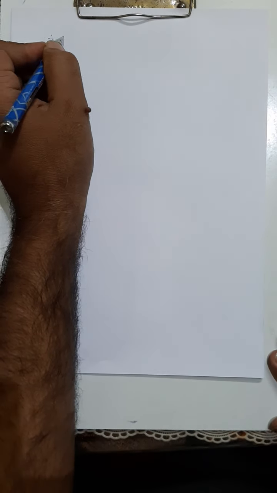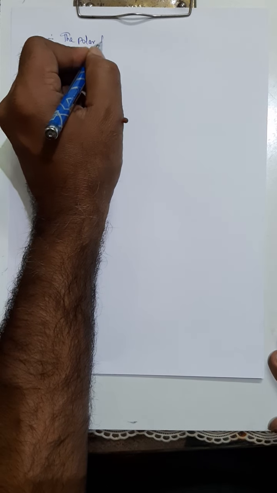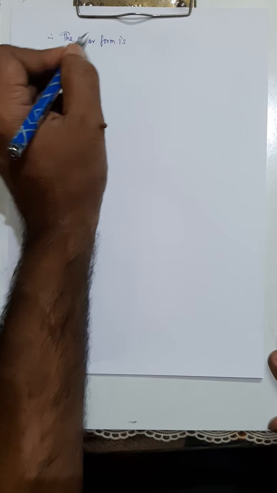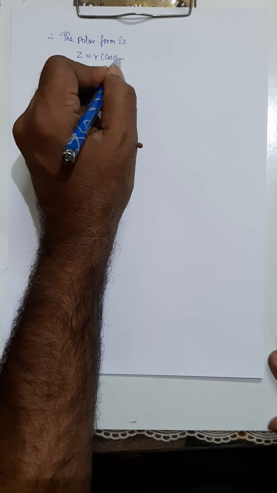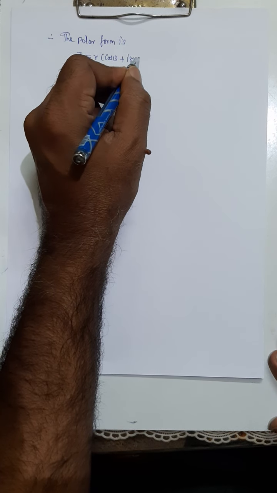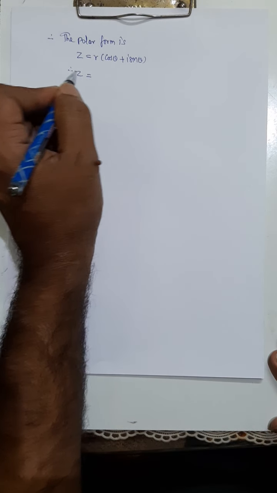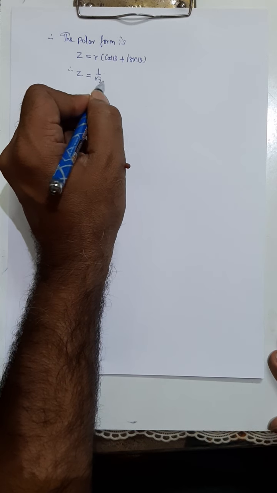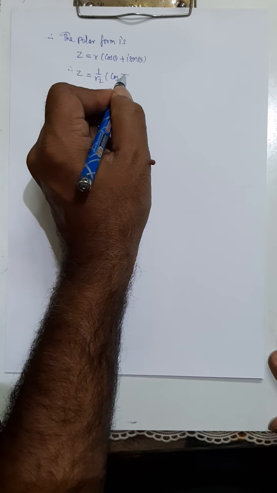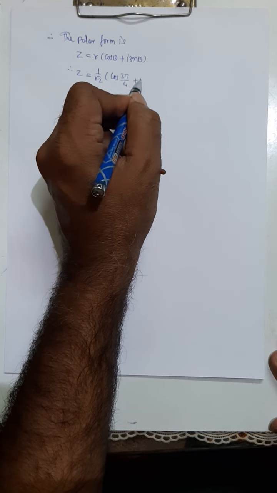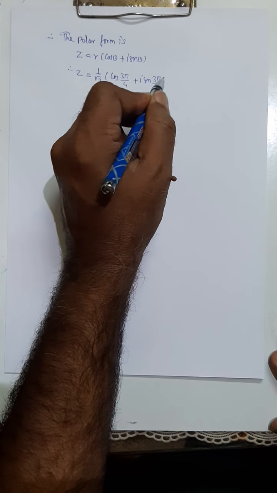And therefore the polar form is z equal to r in bracket cos theta plus i sin theta, and therefore z equal to, substitute the value here, r is 1 by root 2 in bracket cos 3 pi by 4 plus i sin 3 pi by 4.